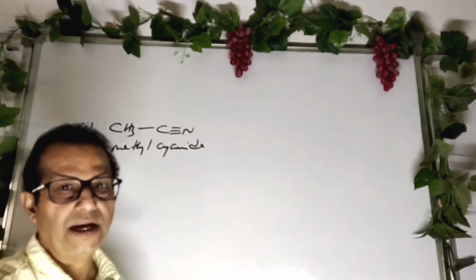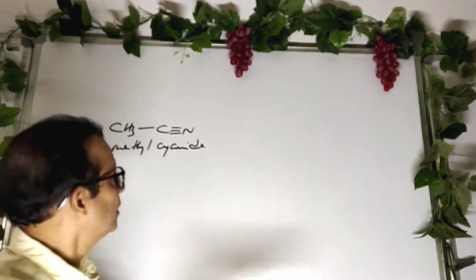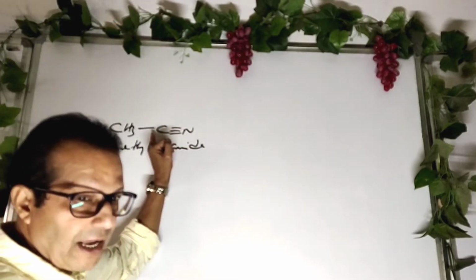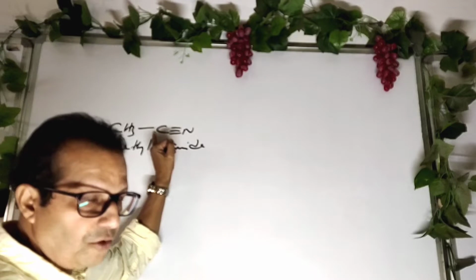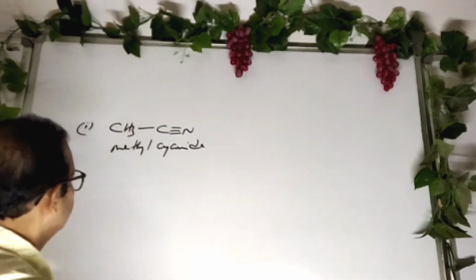This is methyl cyanide. It's an aliphatic compound. Why? The carbon of the cyano group is not attached to benzene directly. That's why it is aliphatic.